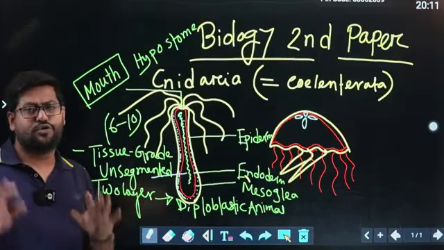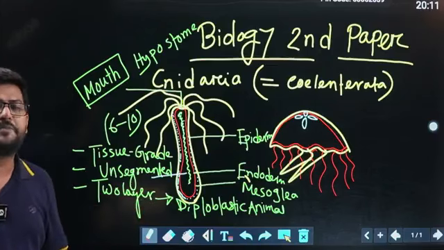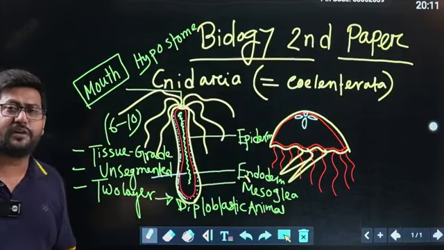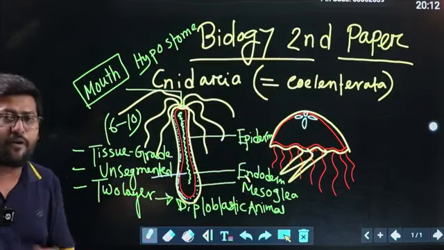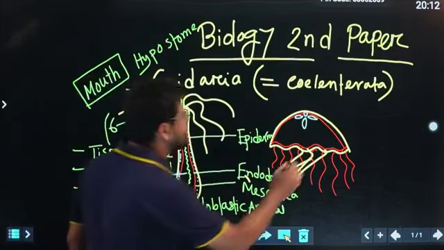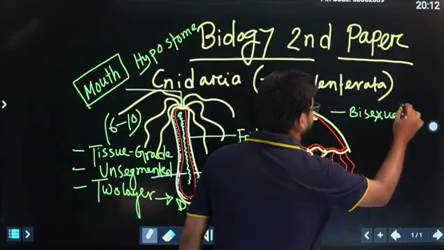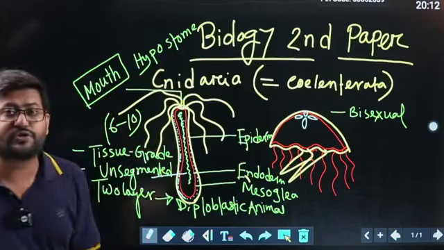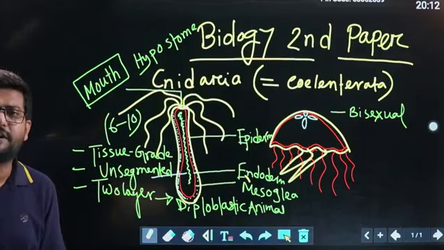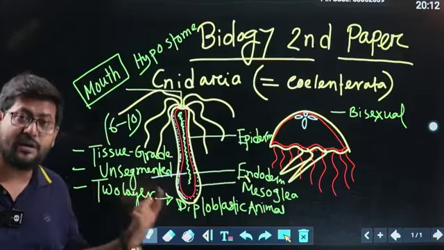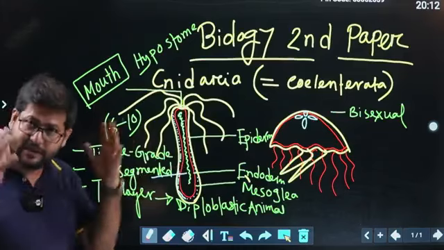Next you should know about their gender, that means sexes. So male and female, both sexes are present in the same body in most cases. For that reason you can say it is a bisexual animal, but they do not undergo self fertilization because of different ripening times of the sperm and ovum that are present in their body in the same individual.